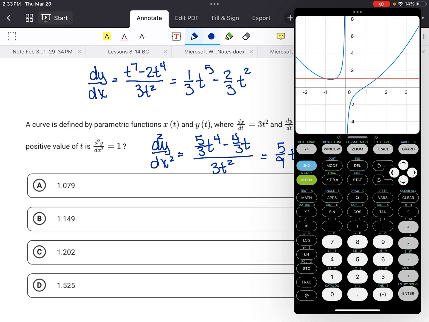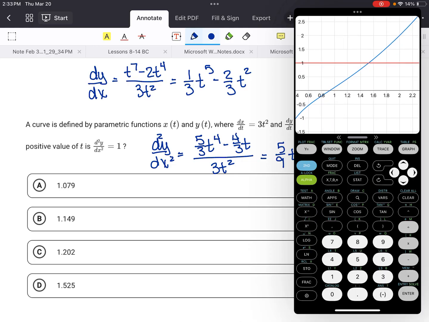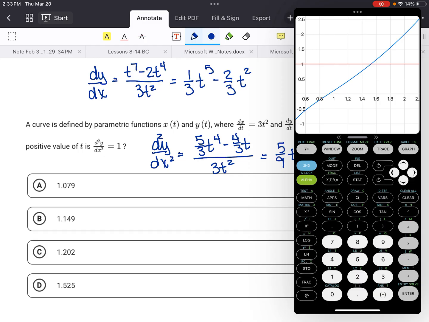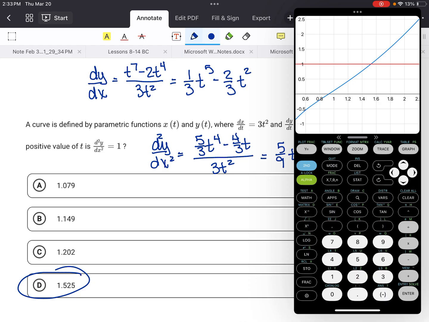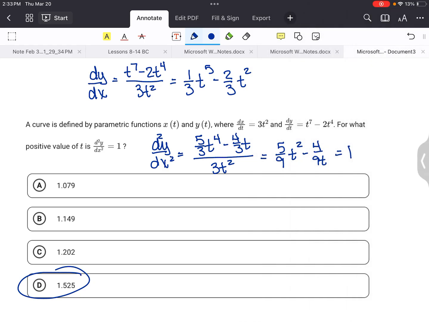All of my answer choices are positive, so I'm looking for a positive number, and when I compare my answer choices, I can tell that the only reasonable answer is 1.525. I could do calc, second trace, intersect if I wanted to, but I got the answer I was looking for, so I'm going to move on to the next question.